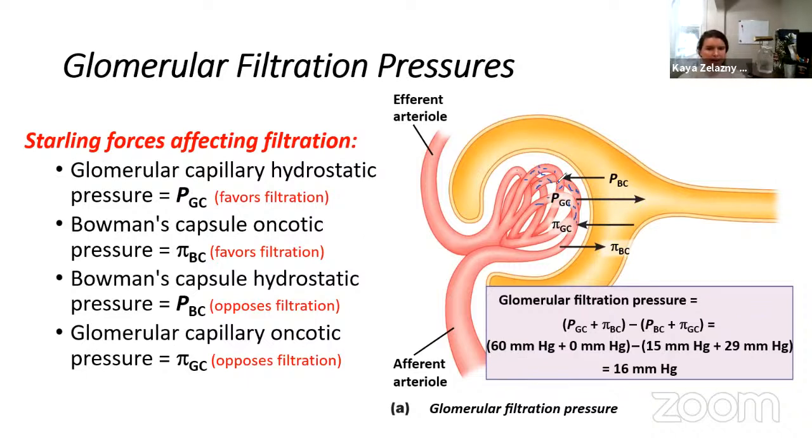The fact that we're concentrating these proteins means there's going to be a pull of water towards them. The same thing would happen with any solutes in Bowman's capsule. They would exert a pull in this direction, but we don't really have them much because the proteins are staying in the glomerular capillaries.